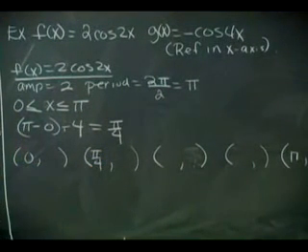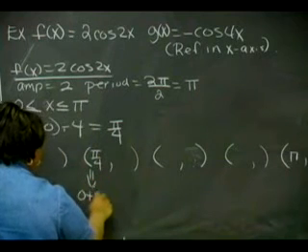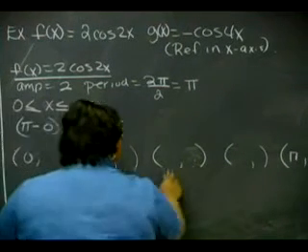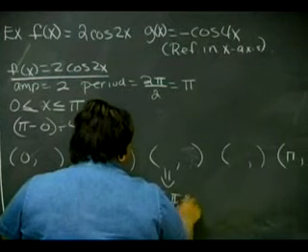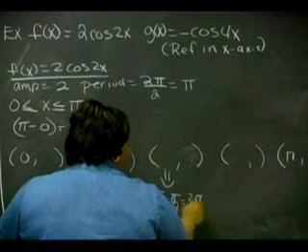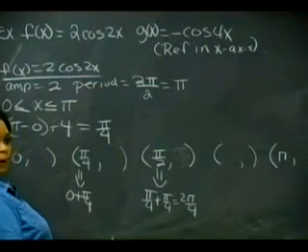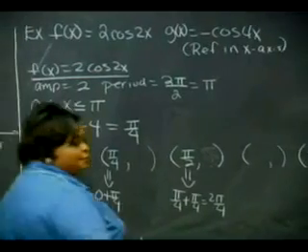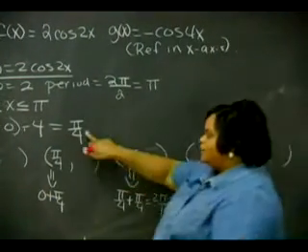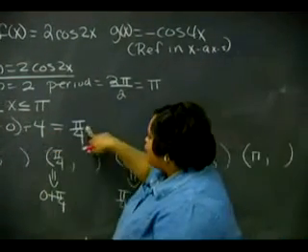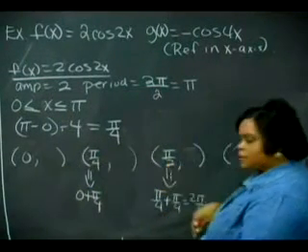Then pi over 4 plus pi over 4 is 2 pi over 4, which reduces to pi over 2. After we divide by 4, we add pi over 4 to 0 to get this one, then add pi over 4 to this one to get the next.